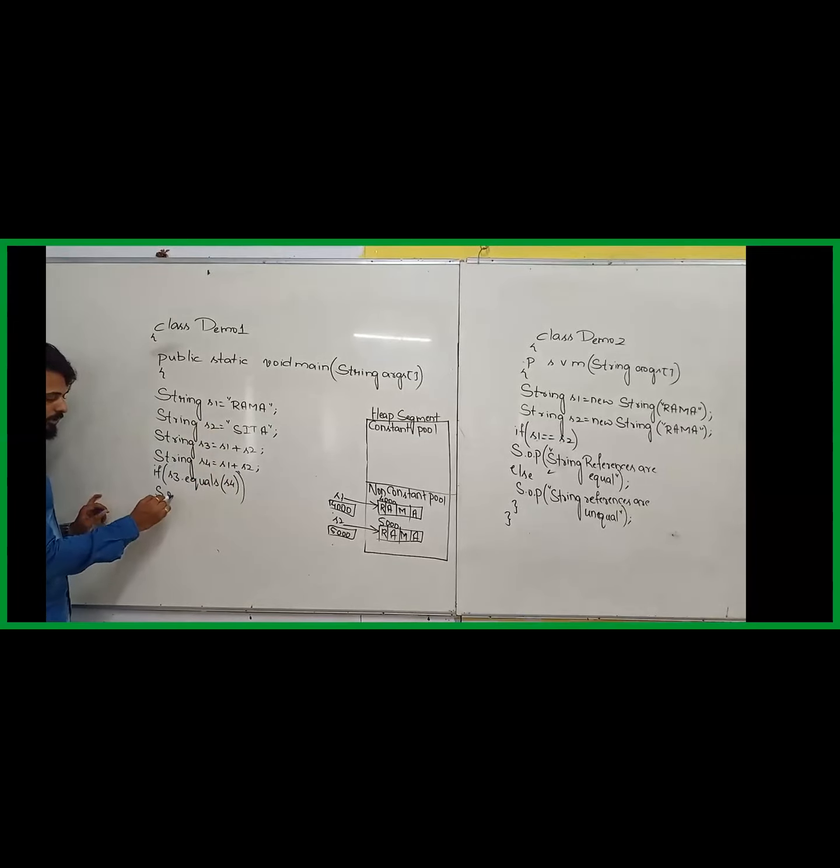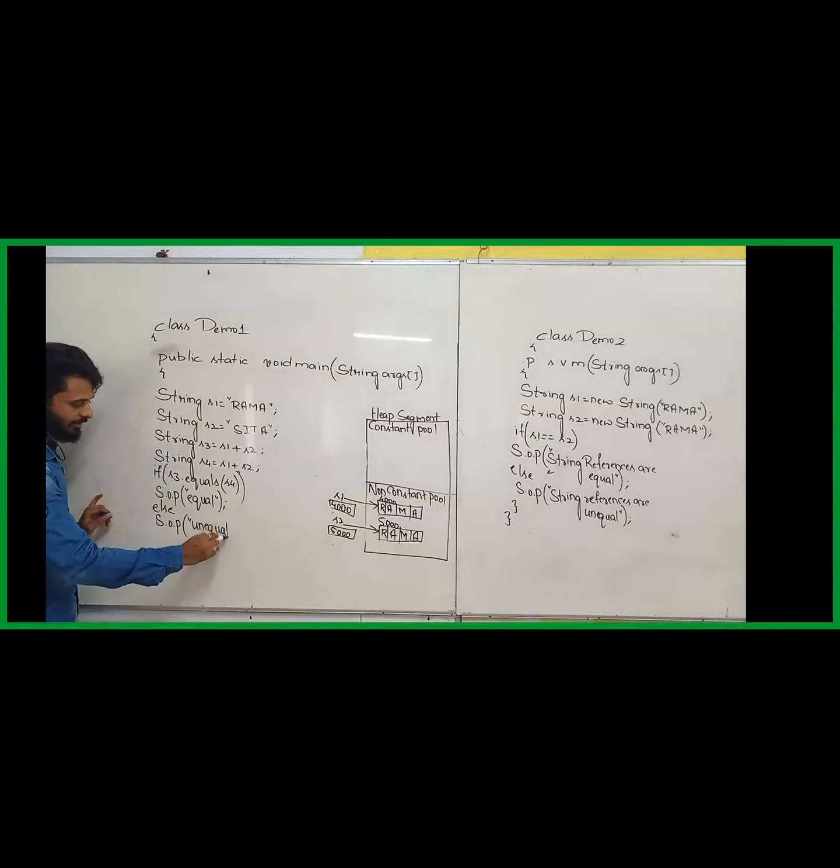Then what should I print? You want me to write "strings are equal"? I believe all of you can understand. No, I will anyways not write it. Else I'll just write "unequal". You ask me to type it, I can type it easily, but writing is difficult.